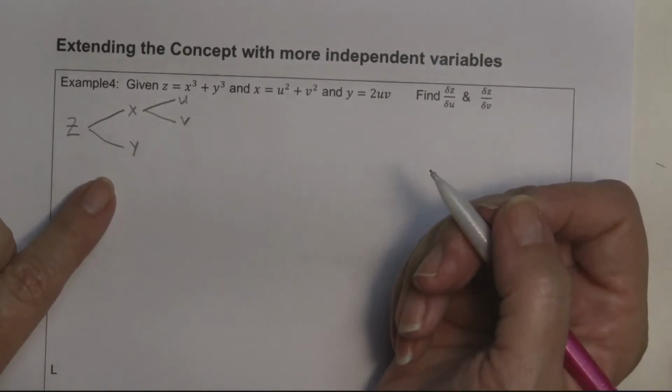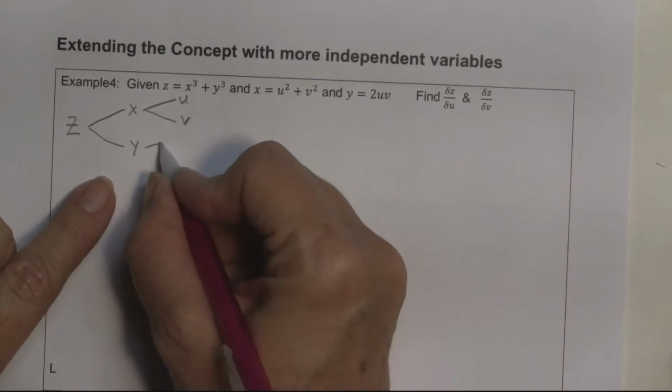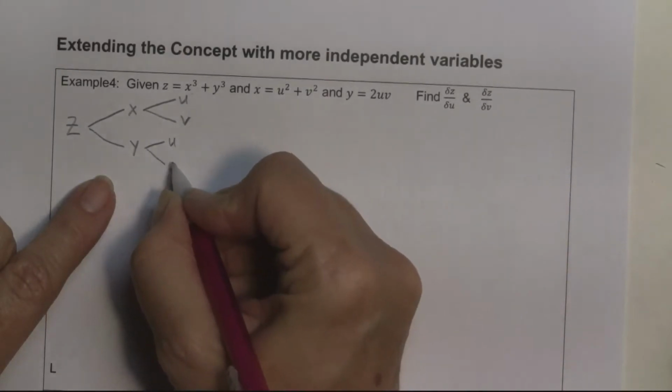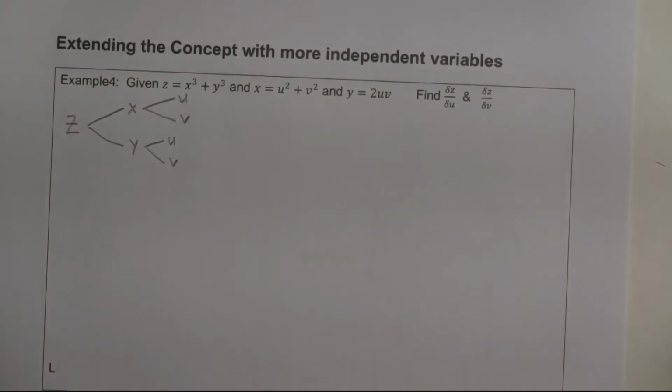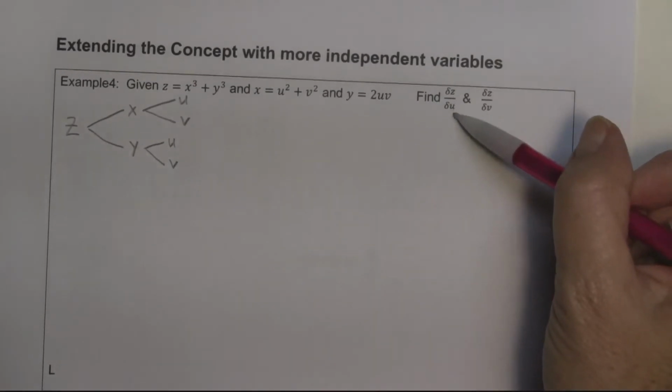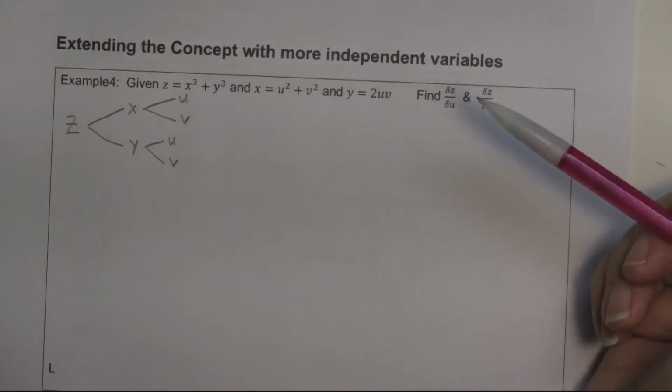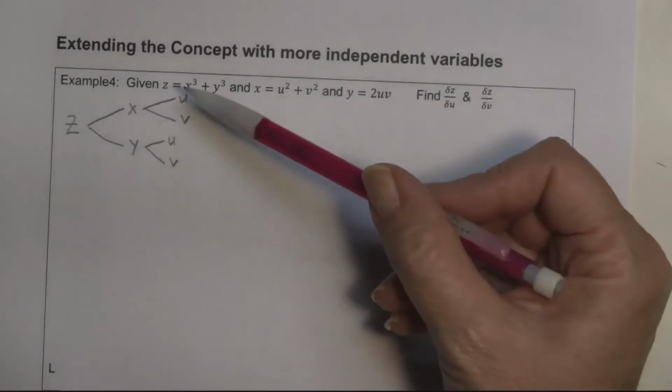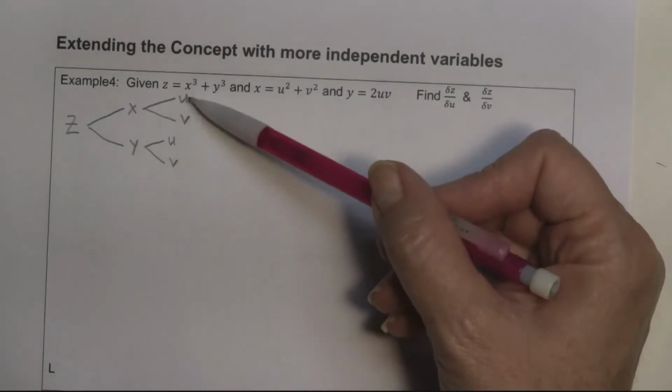And then the same here. There's u and there's v. So we are trying to find the dz du.